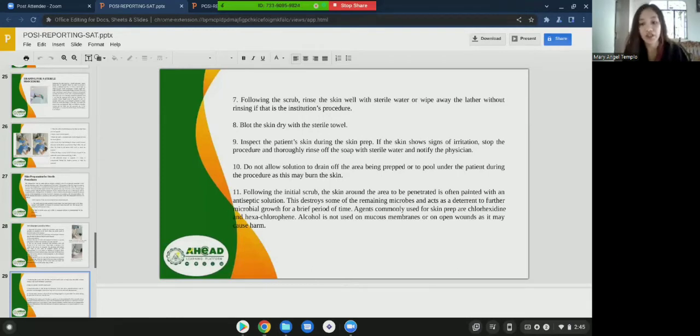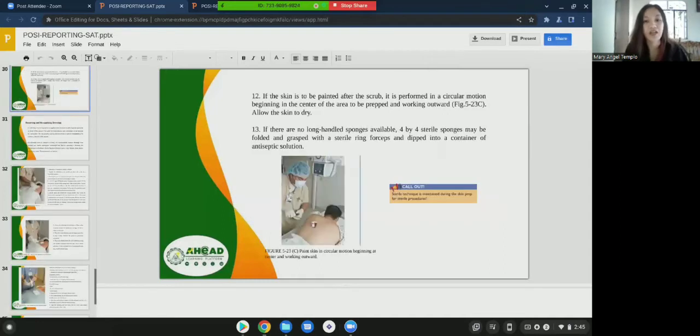Agents commonly used to skin prep are chlorhexidine and hexachlorophene. Alcohol is not used on mucous membranes or on open wounds, as it may cause harm. 12. If the skin is to be painted after scrub, it is performed in a circular motion, beginning in the center of the area to be prepped and working outward. Allow the skin to dry.